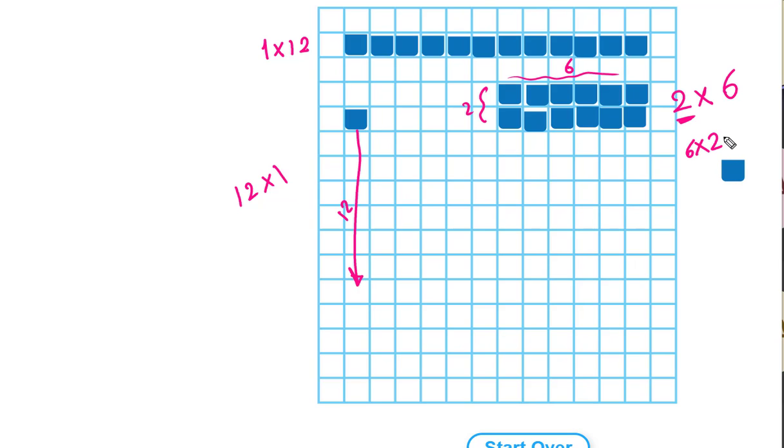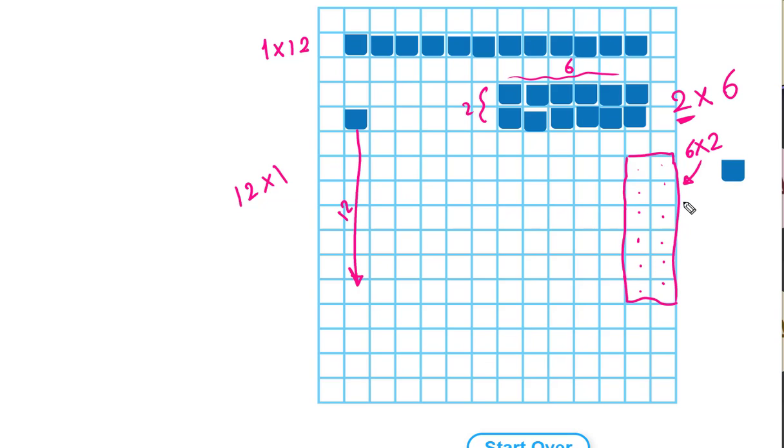Yes. In this case we will use 2 columns, and how many rows? 1, 2, 3, 4, 5, 6. We will use 6. So this is 6 times 2.